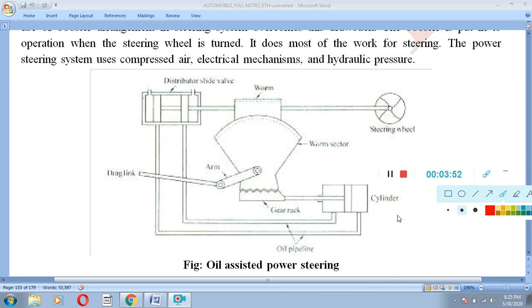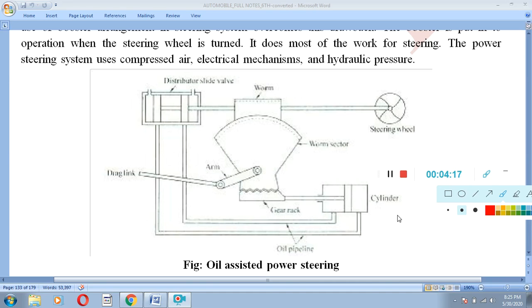Now I will explain the oil assisted power steering. In heavy duty trucks and tractors, drivers have to apply inadequate effort to turn the wheel.